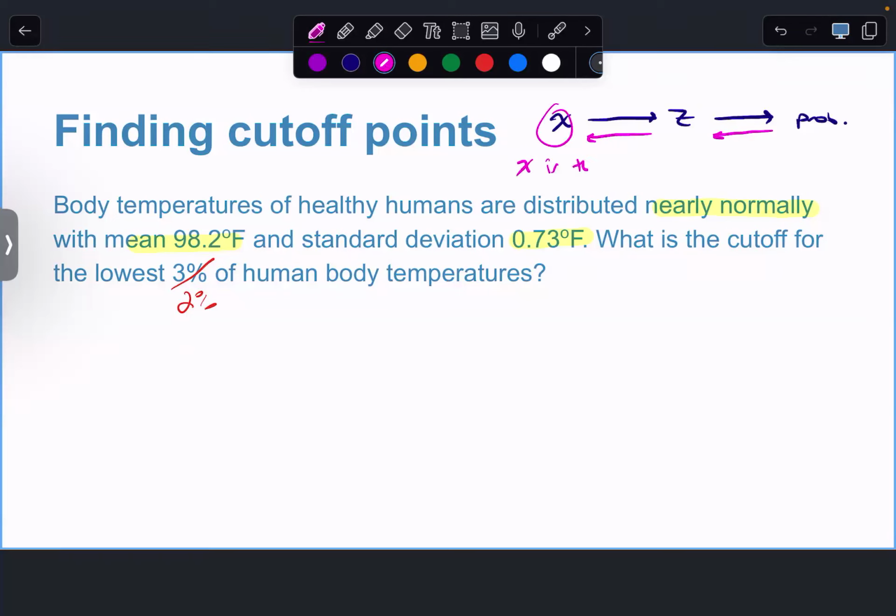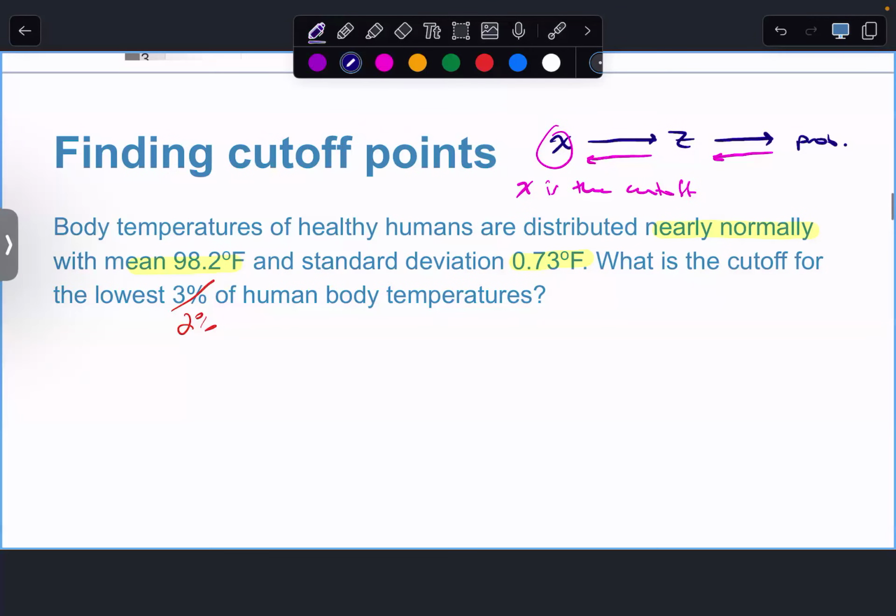X is the cutoff, which means I have to be given a probability or an area under the curve. And then I can move the other direction. Now, how we get from a probability to a Z is the same way that we moved from a Z to a probability. We use the table.